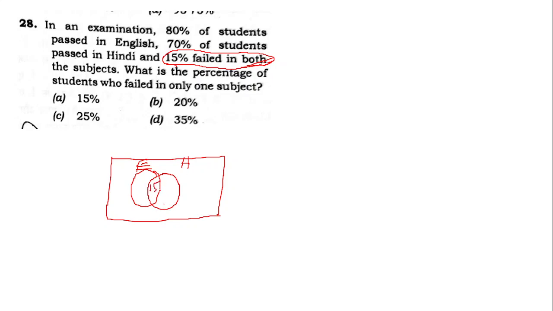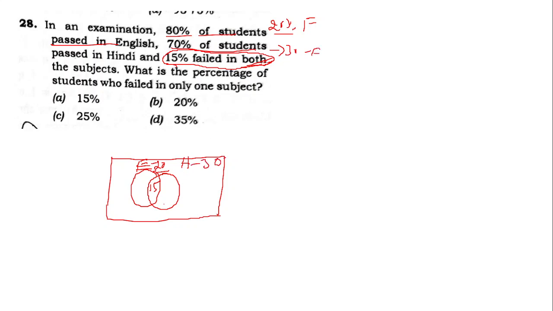So I am going to take only failed. I should not take the passed number. If 80% passed means 20% failed, correct? So in English, 20% failed. Same way, if 70% passed in Hindi means 30% failed, correct? So Hindi will be 30% failed.